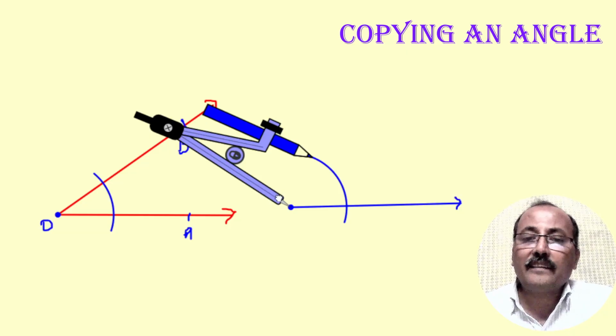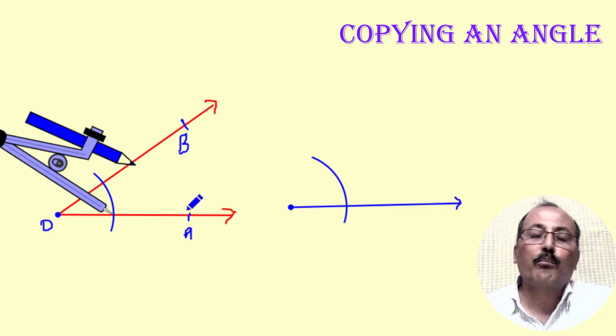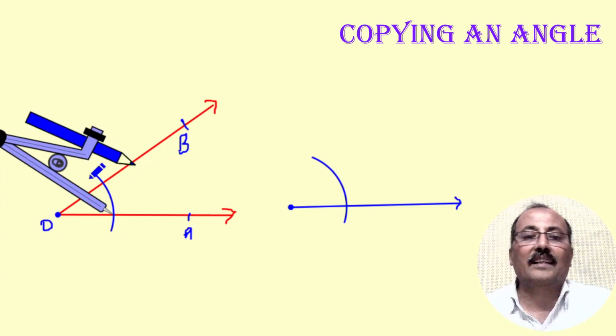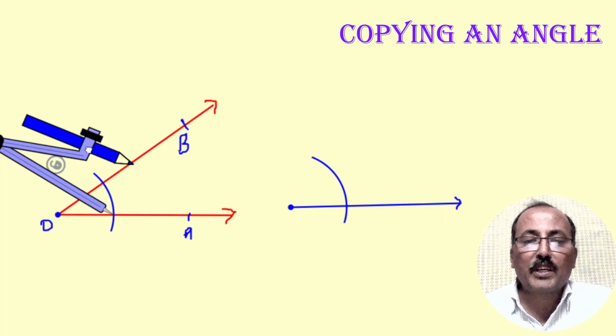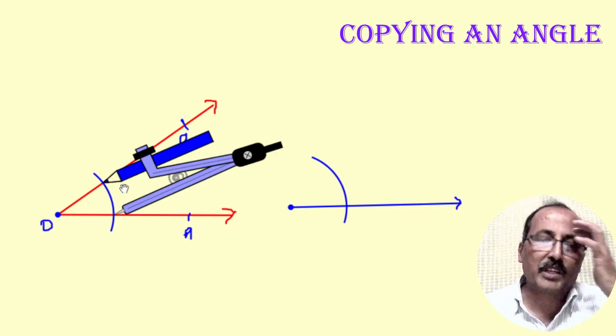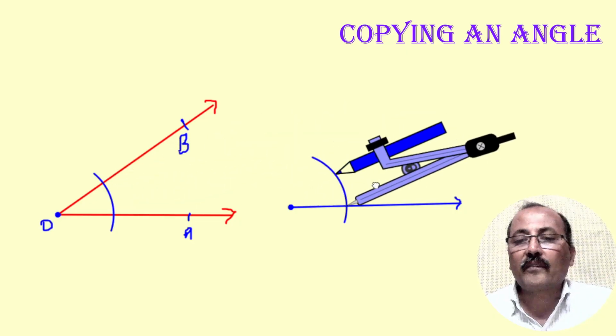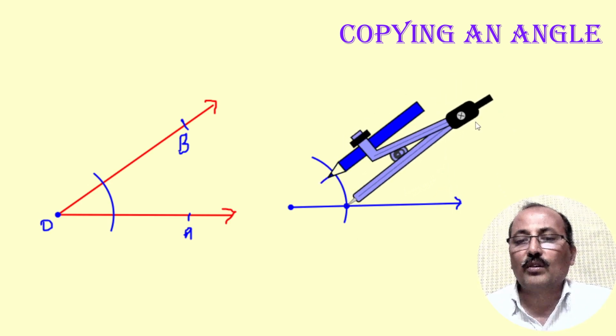Now take the compass and keep it at the point where the arc intersected the angle, and measure the arc length. Exactly how much it is we don't know, but it measures. That same length I am going to take, keep it at this point on the new ray, and draw an arc here also.